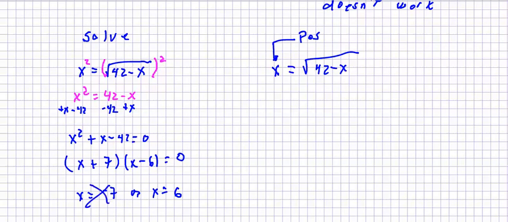We'll try x equals 6. All right, we're putting 6 in to see if it works. 6 equals the square root of 42 minus 6, which is the square root of 36. 6 equals 6. It's a good answer. So our solution is 6.